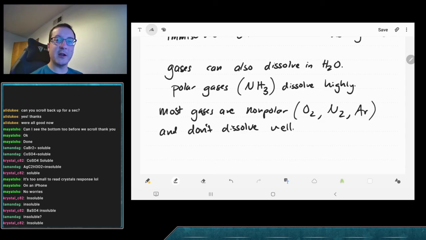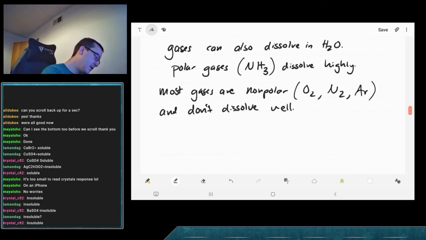And so we know that we can actually get most ionic compounds to dissolve better if we add heat to the system. Like heating up your tea or your coffee, you could dissolve sugar or something more easily in it. However, for gases, it's actually going to be the opposite.